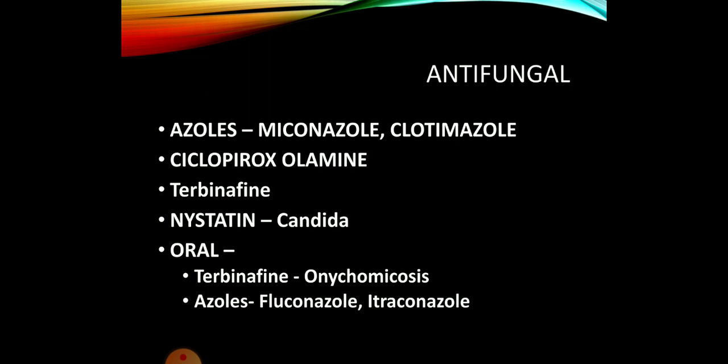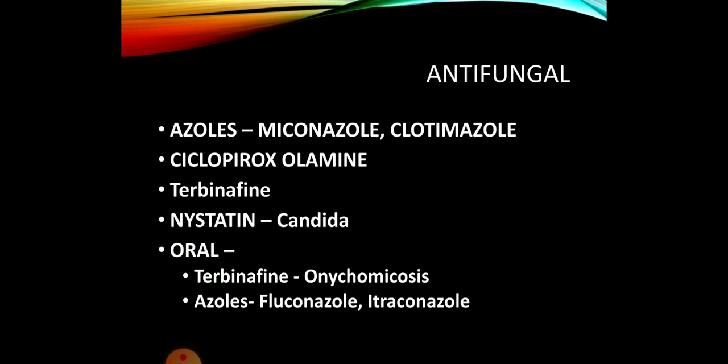One antimetabolite is used there, that is flucytosine. The azole derivatives are also there, like clotrimazole, ketoconazole, itraconazole, fluconazole. And there is one allylamine derivative, that is terbinafine. And nowadays, in case of neutropenic patients with fungal infections, we are using an echinocandin derivative, that is caspofungin.